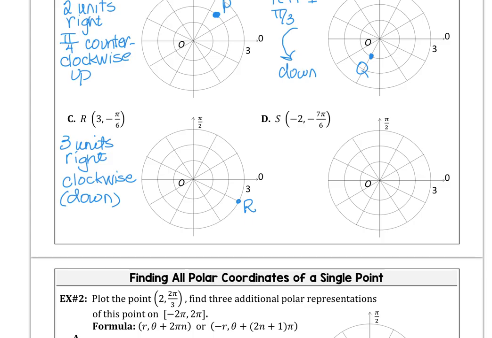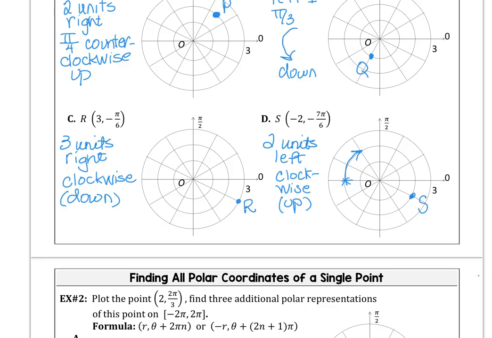So our point S is located right here. We went 2 units left, and then a negative rotation is clockwise, and clockwise starting from over here is up, so we rotated up.